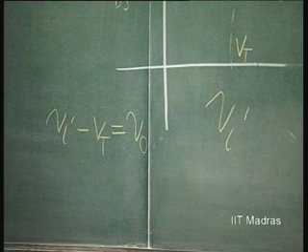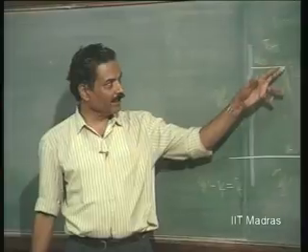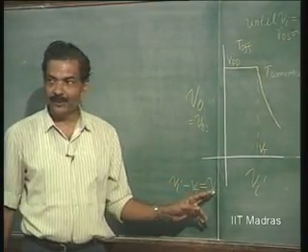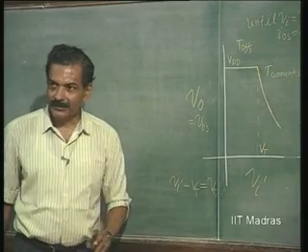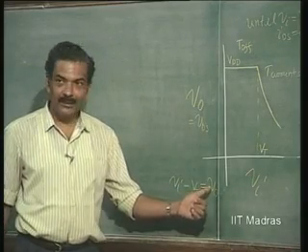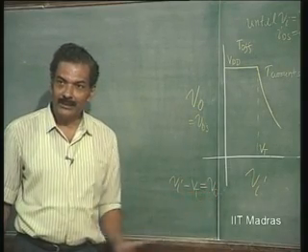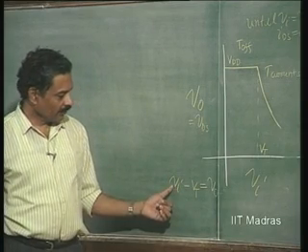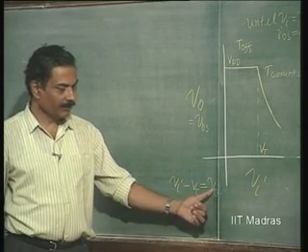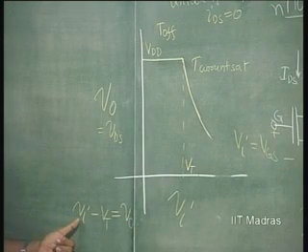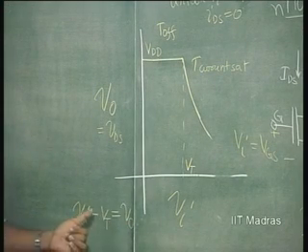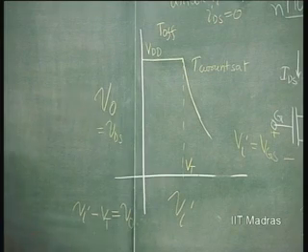How do we know this? Because this is one curve, this is another curve. Vi minus Vt equal to V0 is a straight line. If I put V0 equal to 0, there will be Vi equal to Vt. That means at Vi equal to Vt, there is going to be an intercept here.